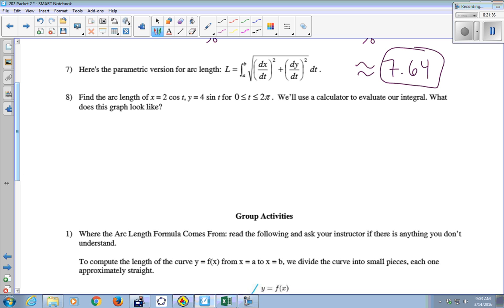So this is just going to be the integral from 0 to 2 pi, because that's what they gave me for t's. Those are my bounds, of the square root of the derivative of x with respect to t squared. So what is the derivative of x with respect to t here? Negative 2 sine t. Just take the derivative there.